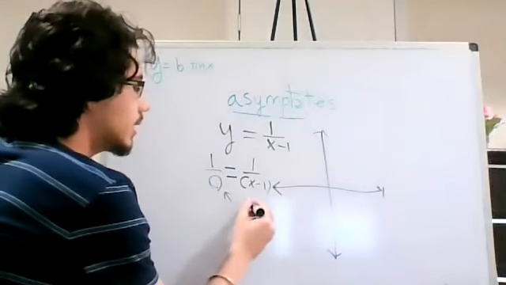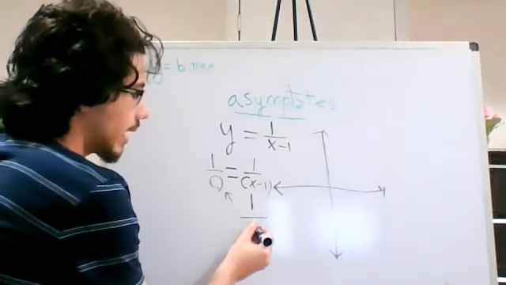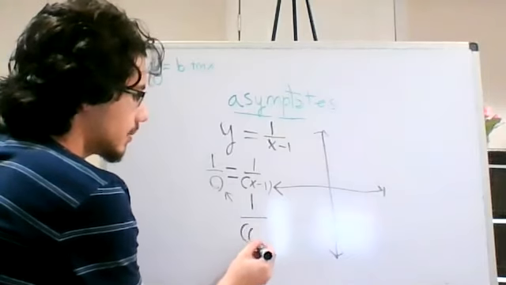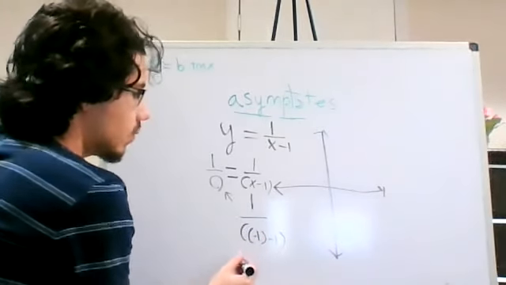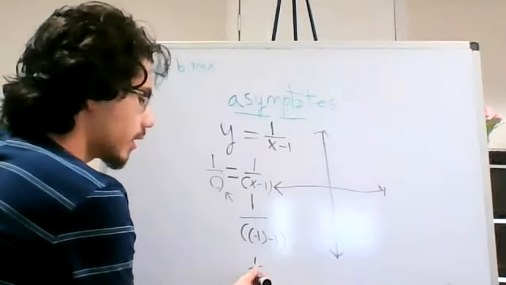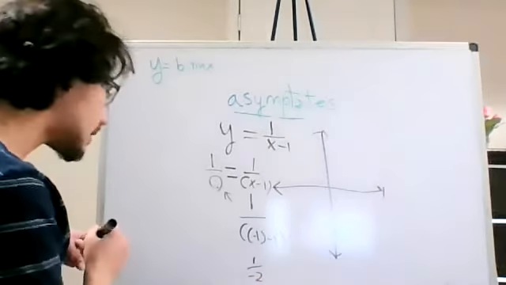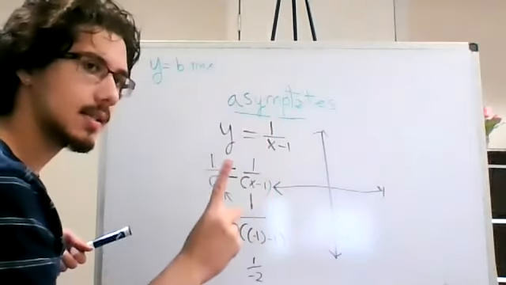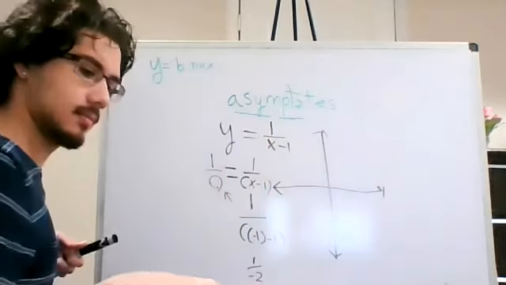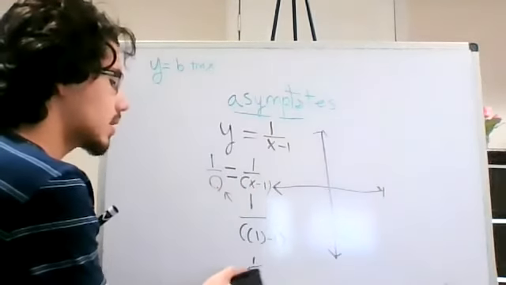Okay, plug in -1. We'll get 1 over, we substitute in -1, minus 1. We got 1 over -2. So you have the right idea, but what we wanted was +1. Does that make sense? Yes, sir. Okay, because that will come out to be our 0.